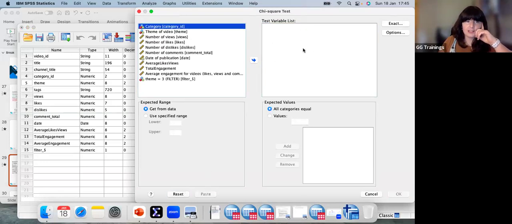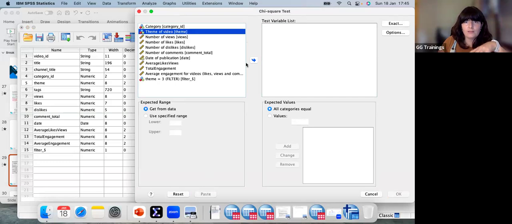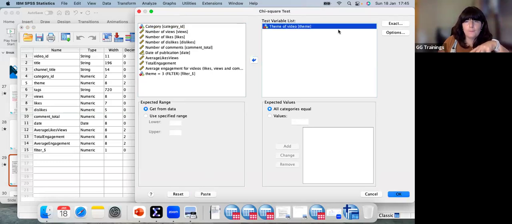Whatever the variable is that they're using for the distribution, I'm going to just select theme. Okay. And then you need to put in the percentages that they've given you in the question. What you've got to make sure is that you're putting in the correct percentage value for the correct order that they show up in value labels. So let me just quickly go to the value labels.